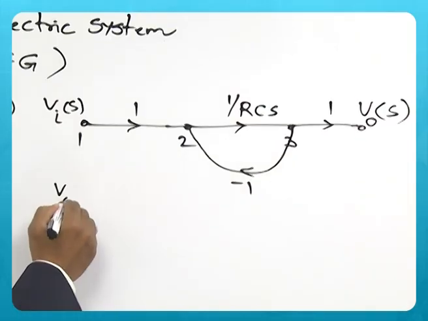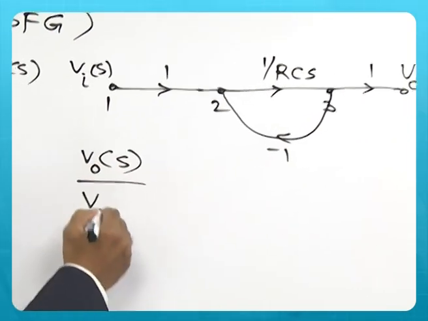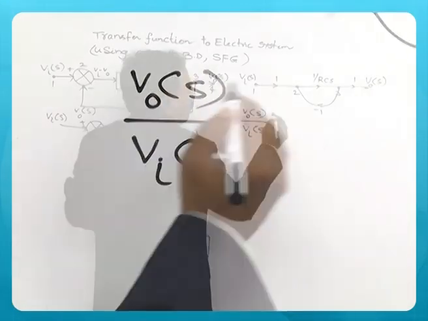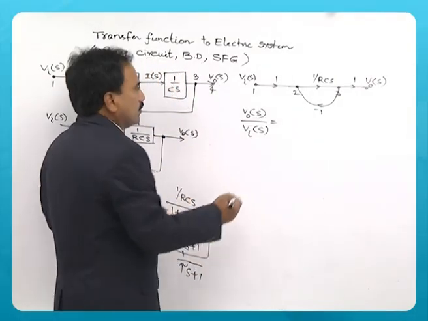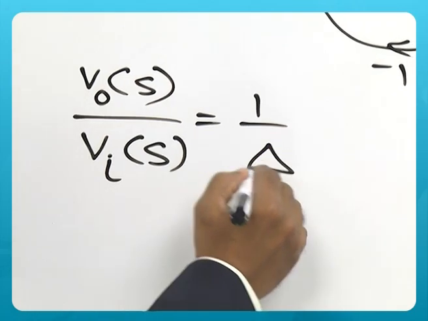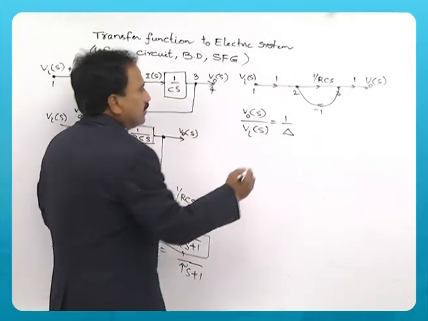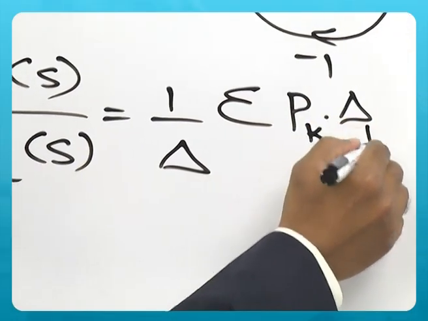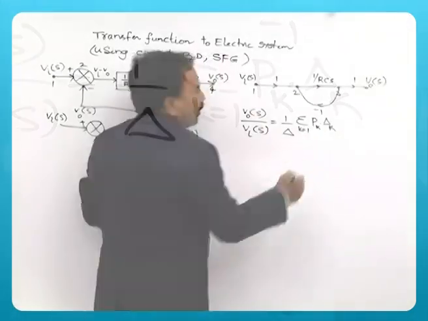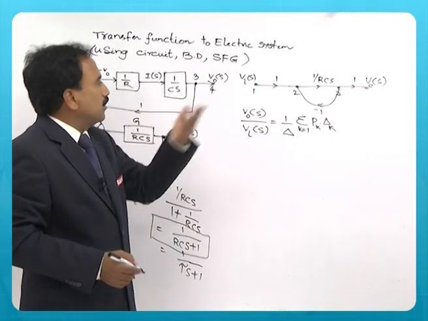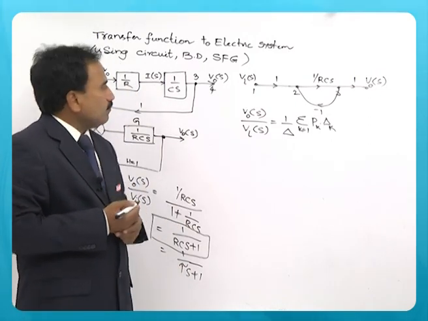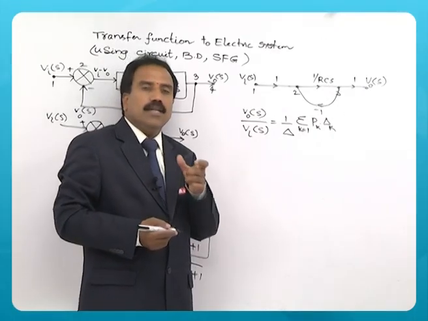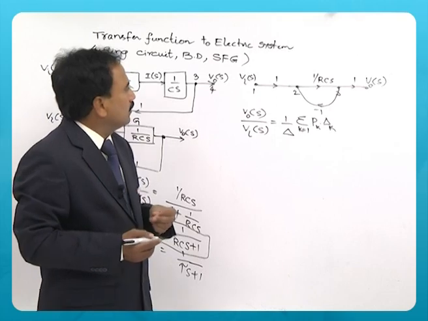So V0 of S by Vi of S is equal to, now the Mason's gain formula, 1 by delta sigma Pk delta k, where k is equal to 1 to number of forward paths. If you remember, Pk is the gain of kth forward path.